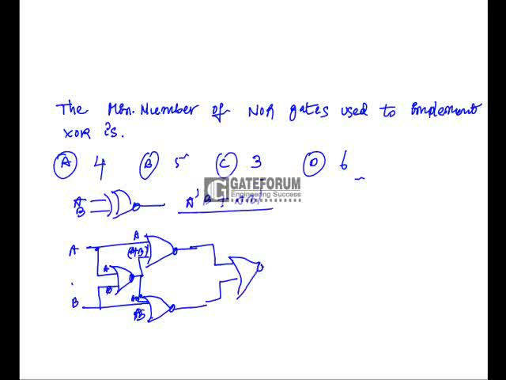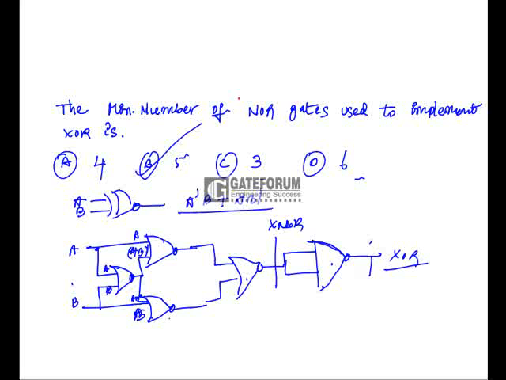So here these are given as two inputs for this NOR gate. So this provides exclusive NOR. But when you again complement it, you will get the exclusive OR. So 1, 2, 3, 4, 5, minimum 5 are required. B is the right answer.